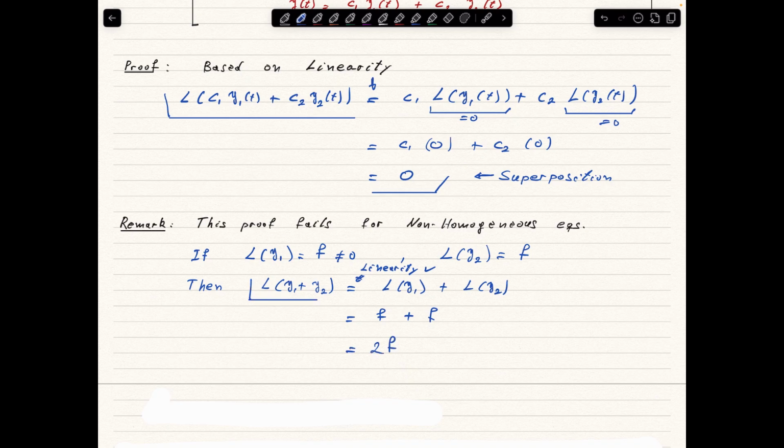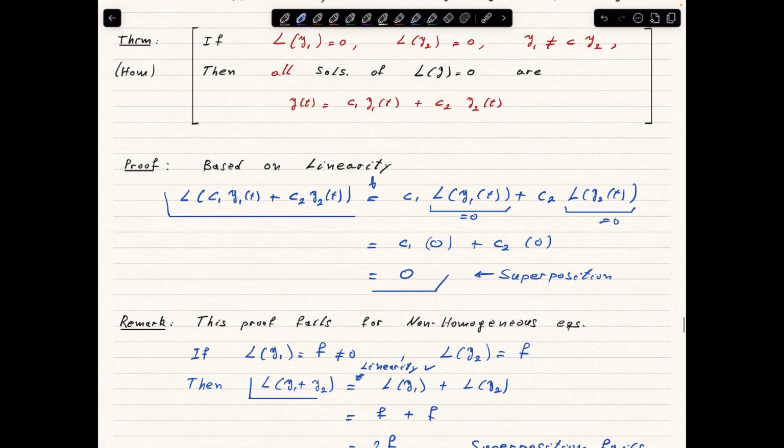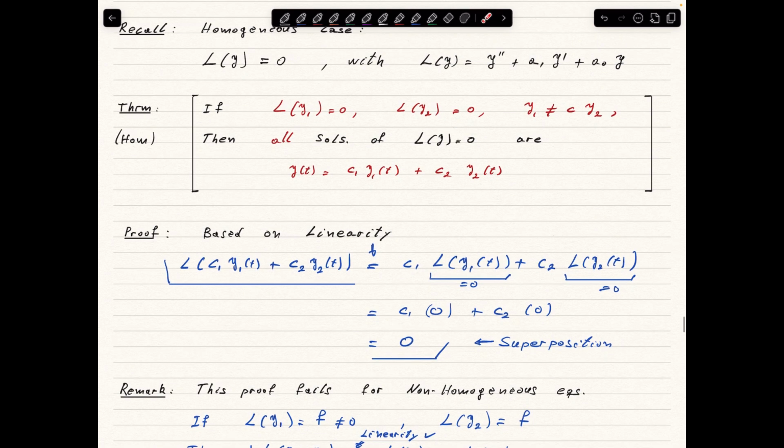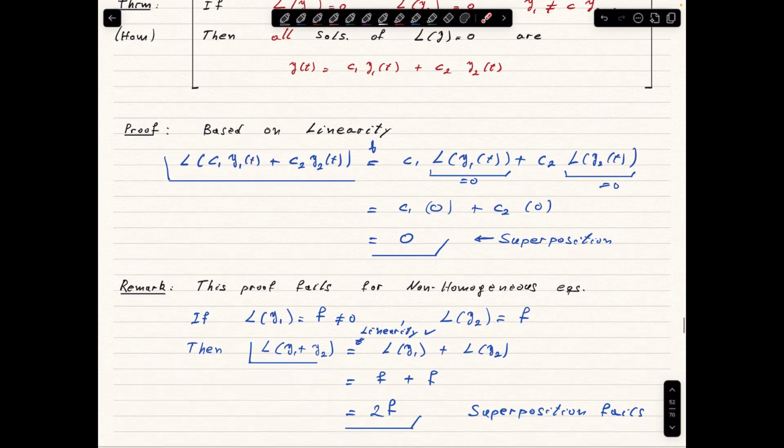So what we don't have now is superposition. Superposition fails. And that's why this formula for the general solution of homogeneous equations is not true for general solutions of non-homogeneous equations. So we need to generalize this theorem.